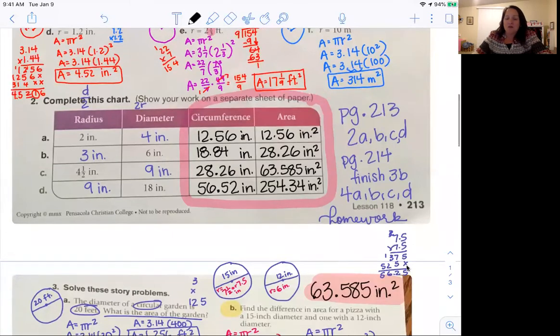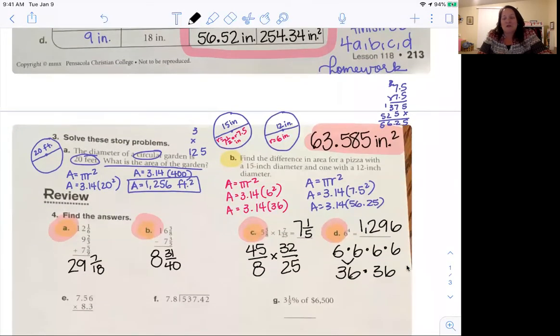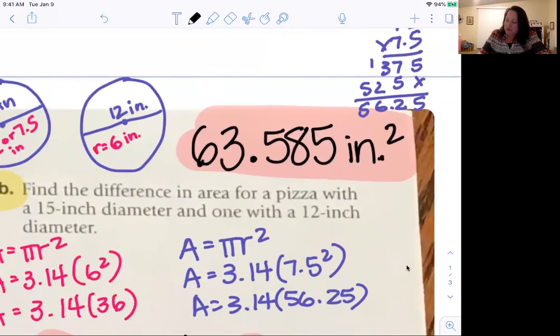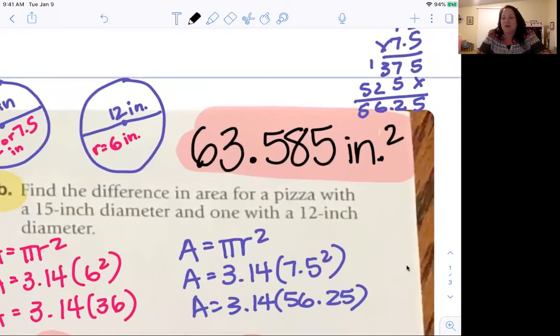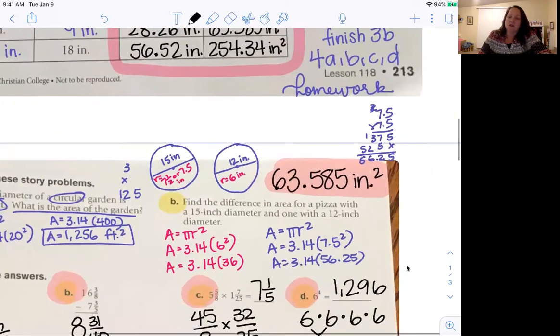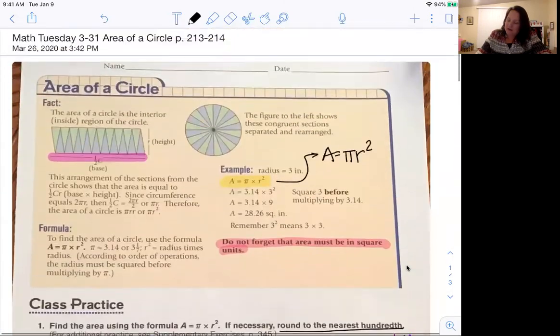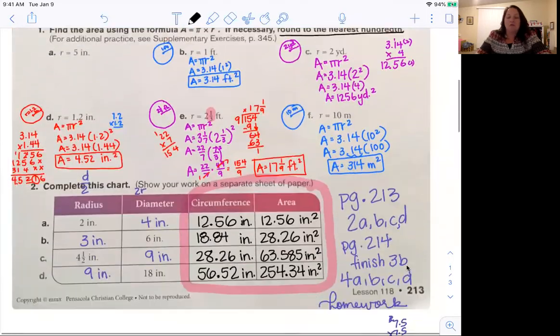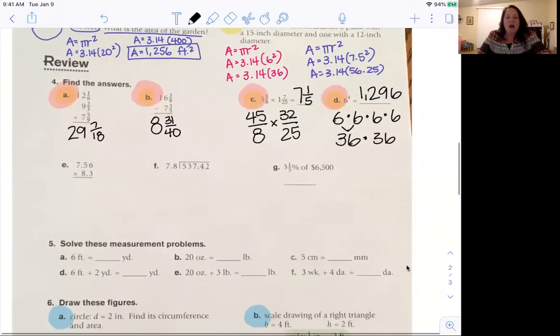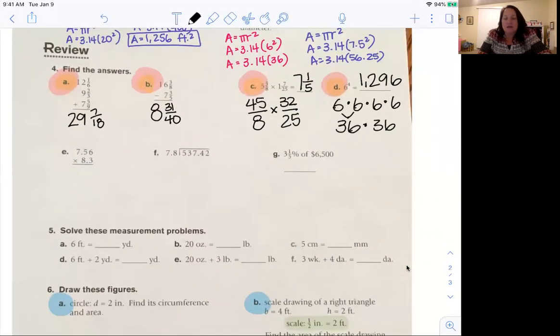Now I also had you look at letter B because I made a mistake yesterday, but I went back and fixed it. And what you should have gotten for the difference between the two is 63.585 square inches on letter 3B on page, what page are we on? Page 214.